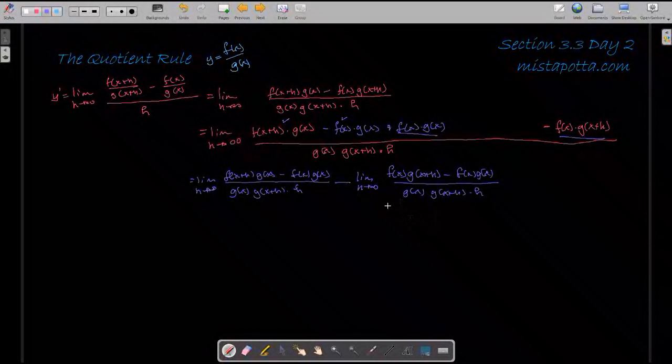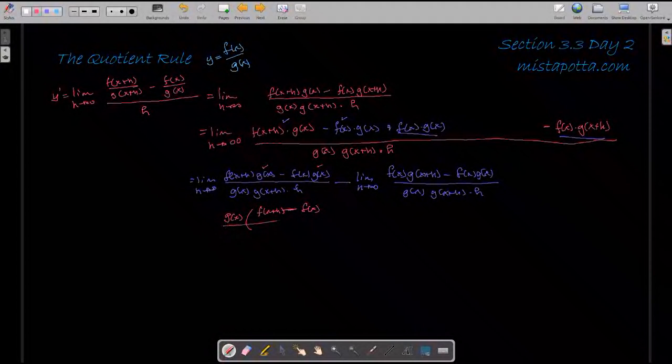And as we did before, I'm going to take a factor out of the numerator. So in this case, my factor in the numerator for this first limit is g of x. So when I factor it out, I get g of x times f of x plus h minus f of x.